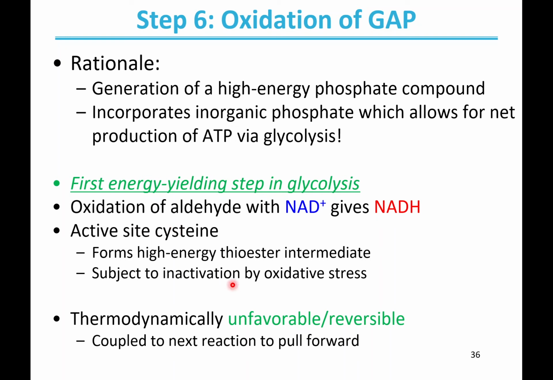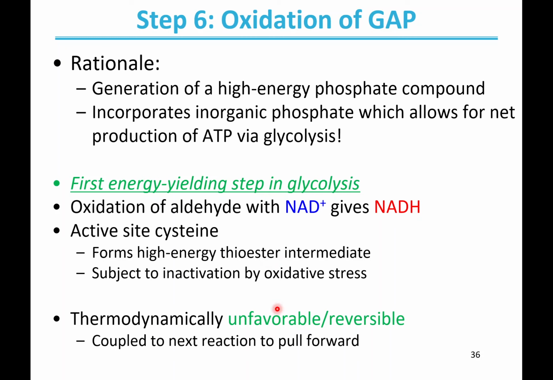It forms a high energy thioester intermediate, that's subject to inactivation by oxidative stress. We really probably won't talk about that much, but if you have a lot of oxidative stress going on, this enzyme is susceptible to it.